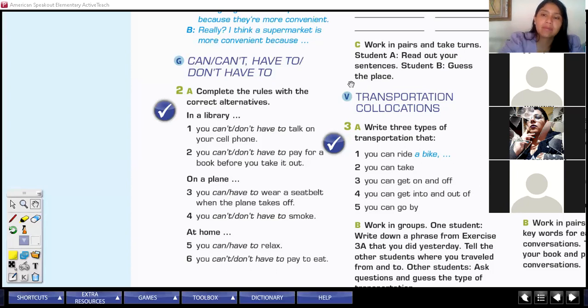Miss, what does seatbelt mean? Seat belt is what you use when you are in your car. Ah, okay.